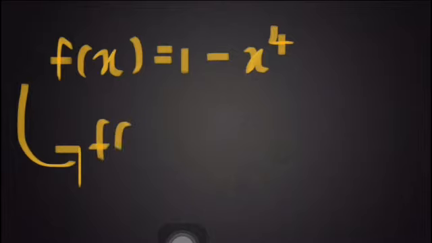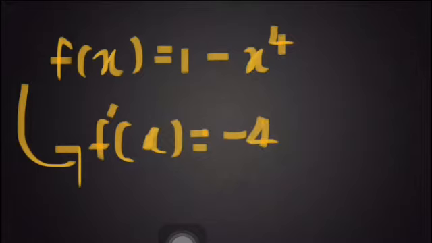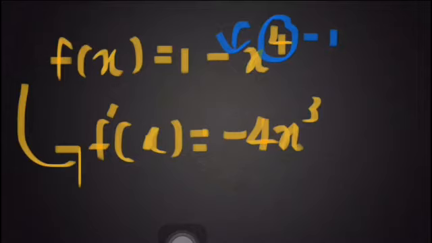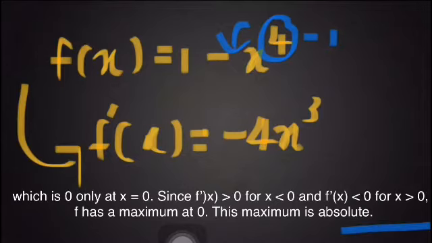The derivative is f prime(x) equal to negative 4x to the power of 3. How can I get the power of 3? You must subtract 1 from 4, and take the 4 in front of the x.